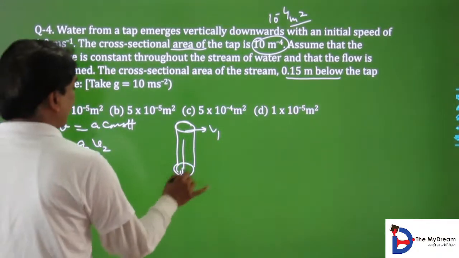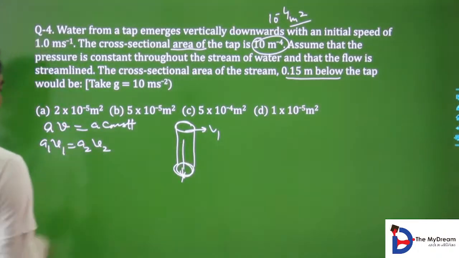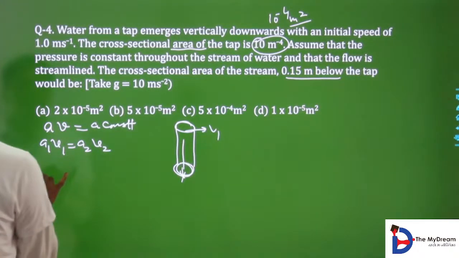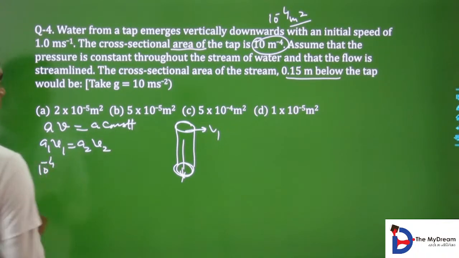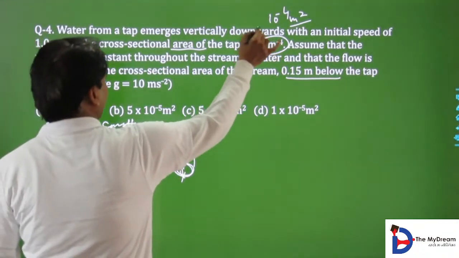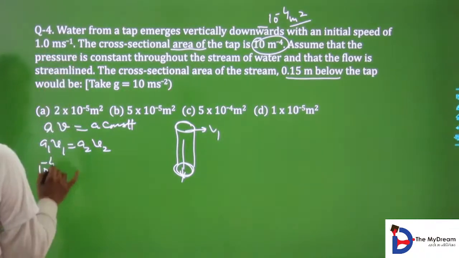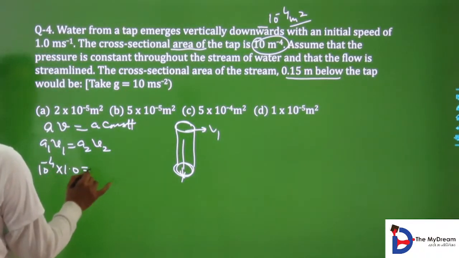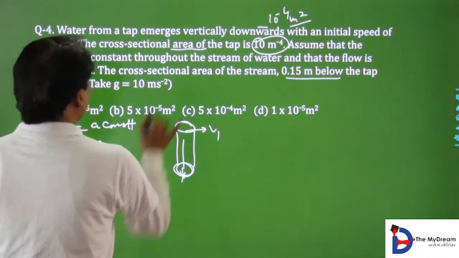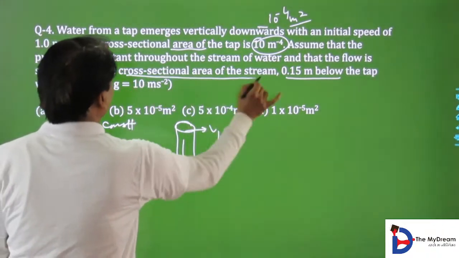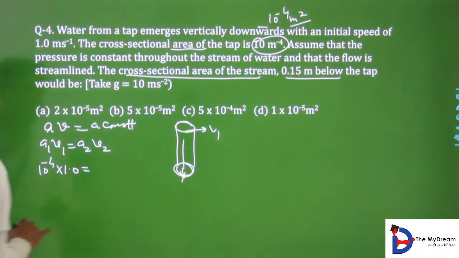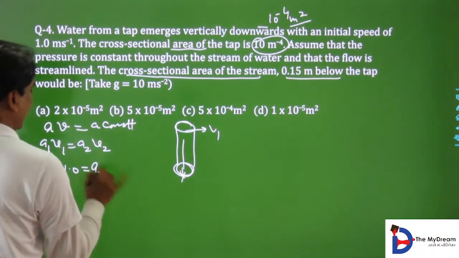This is very narrow, but I have to say it to teach you, son. 10 raised to the power minus 4 is the area of cross section. I have corrected. This is 1.0. And you want to know the cross sectional area of the stream. That is A2.